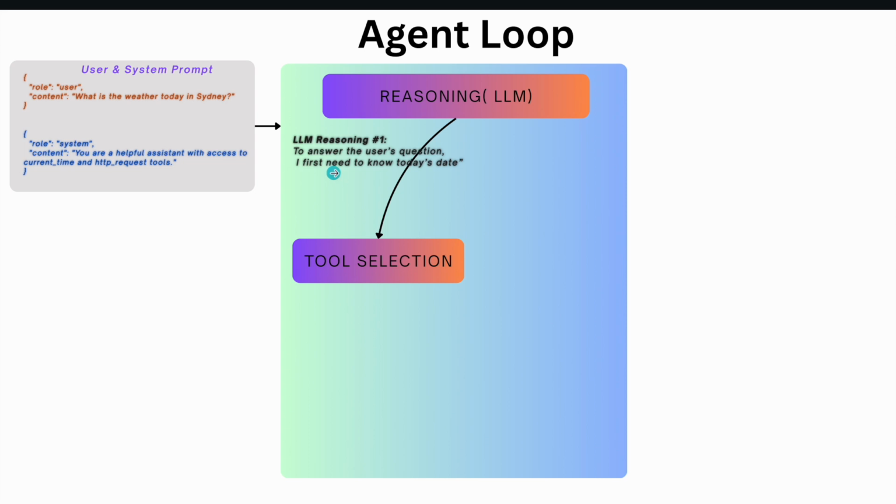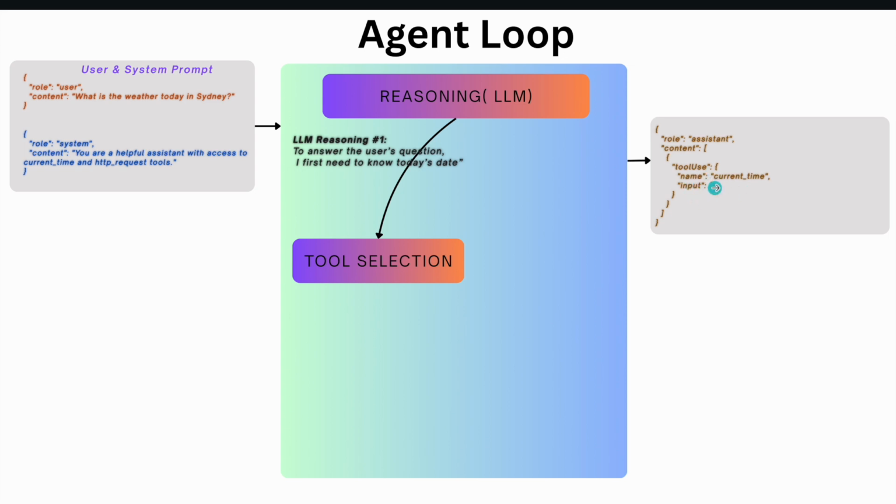It says it has to answer the user's question of what the weather is, and for that it has to know what the date is today. So it actually needs to call a tool for the current date. The LLM response and output says that it has to go for tool use, and the name of the tool is current time, and it can also pass parameters to it.